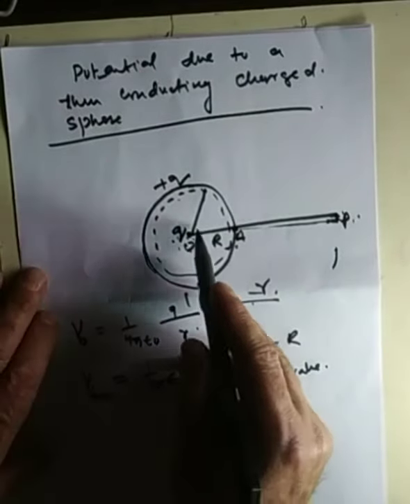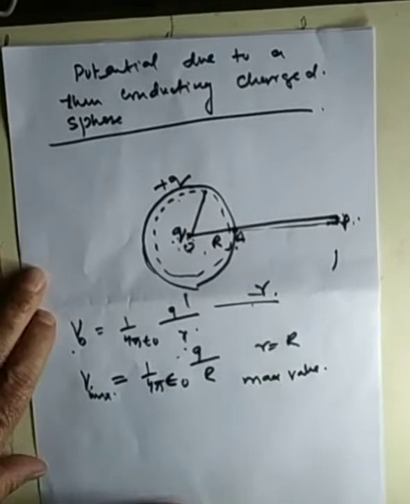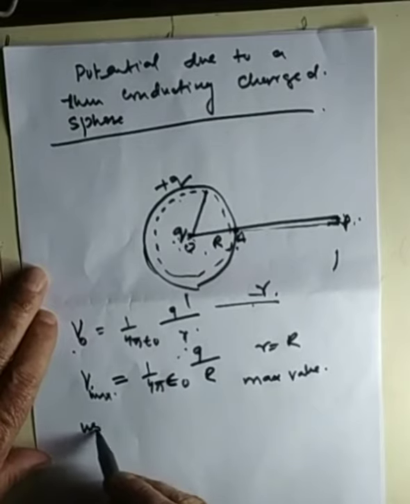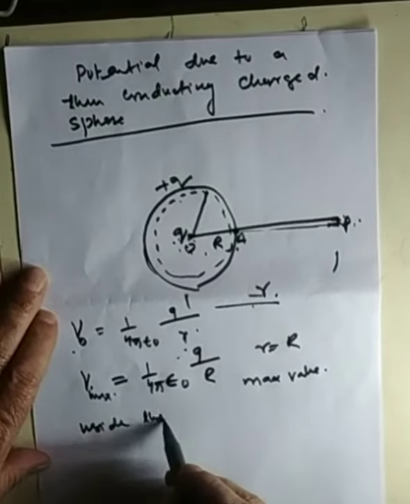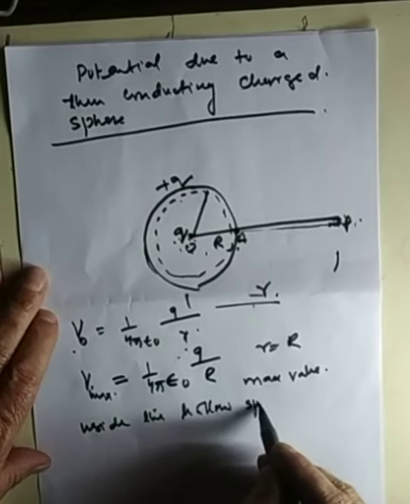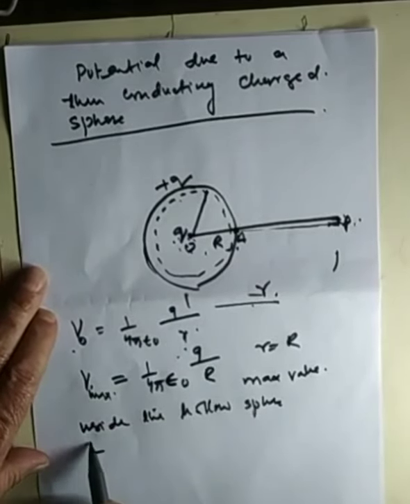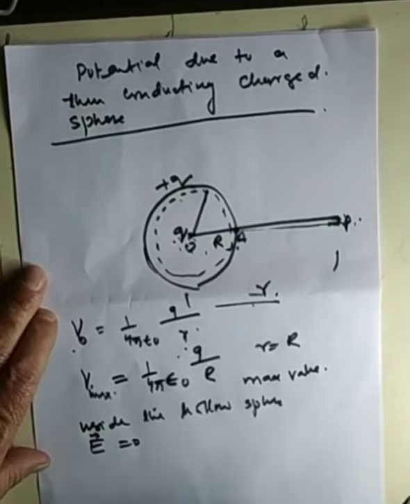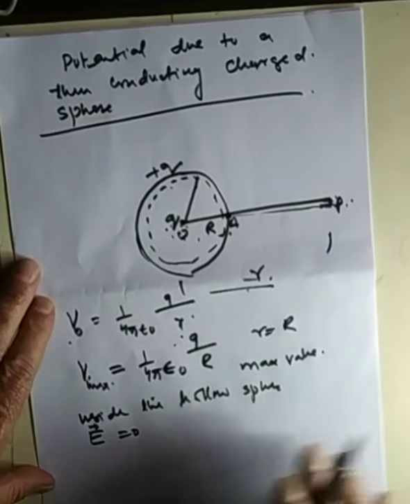Now, when we go inside the hollow sphere, the electric field E is equal to 0.